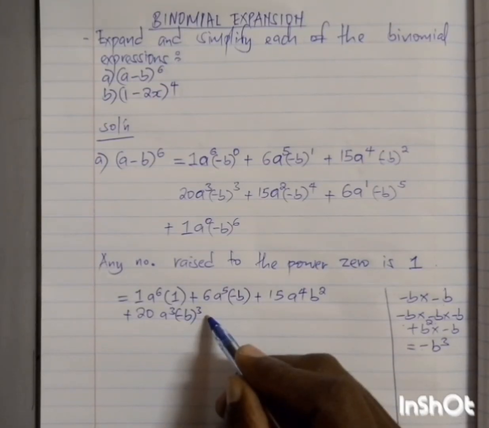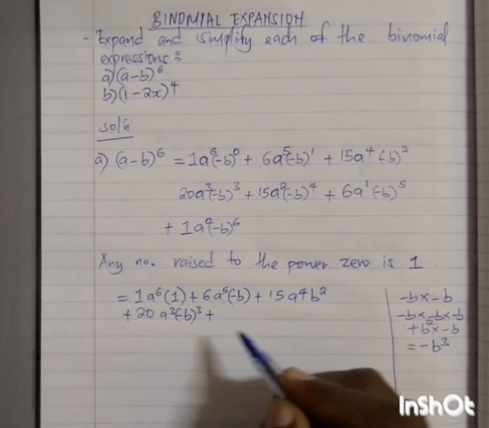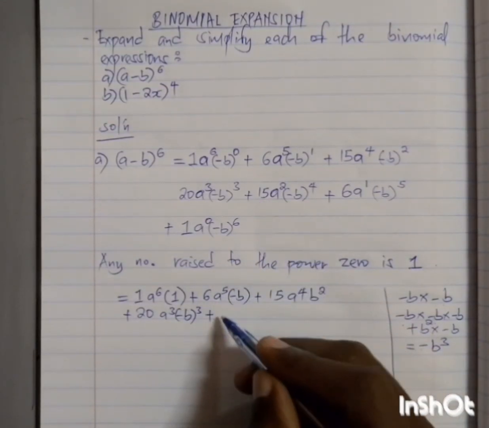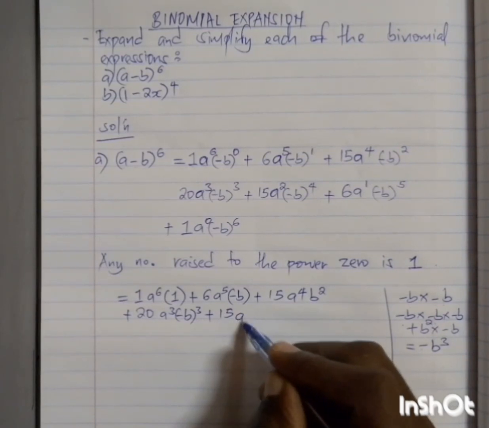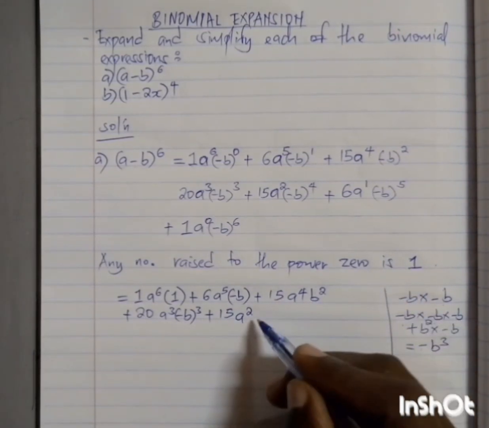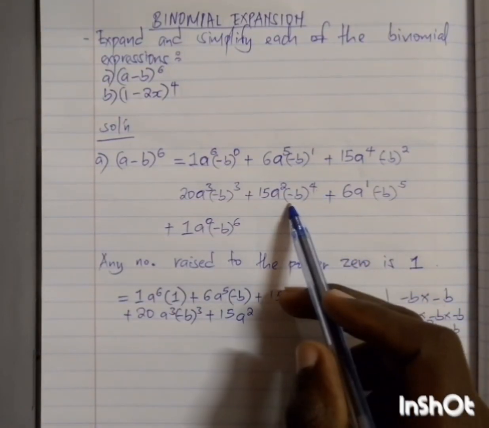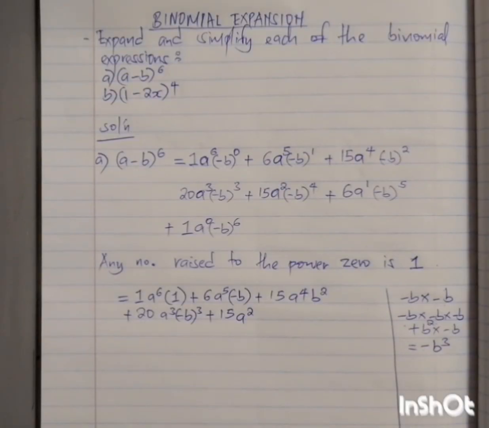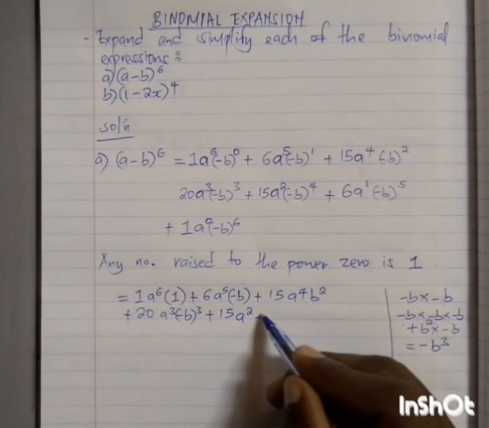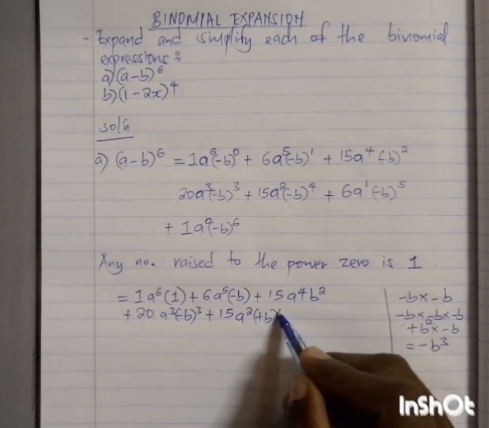And then you move to the next one. Plus 15 multiplied by a squared multiplied by minus b to power 4. I told you that when you get an even power, the negative sign will become positive. So we'll have positive b to power 4.